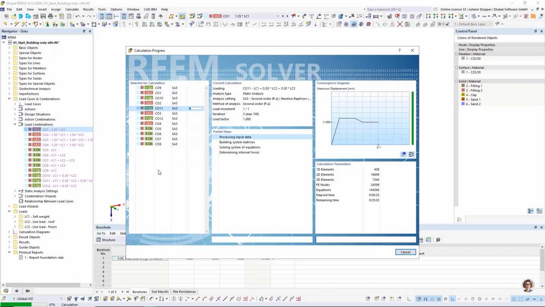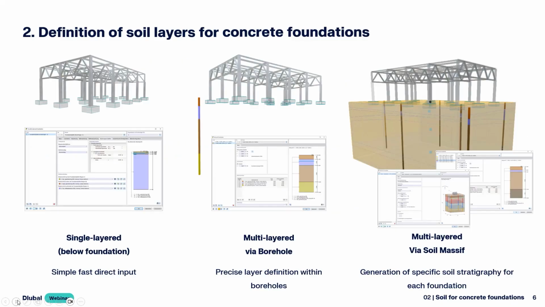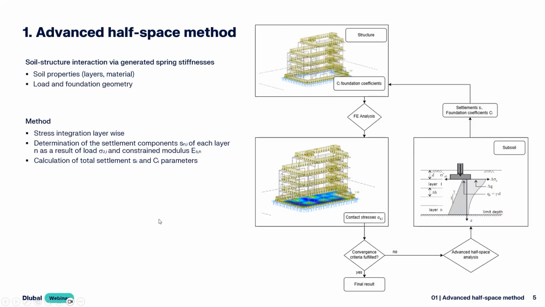Okay, in the time where the calculation is done, I would like to show one more slide. So we go back here and click here, and oops, this was too far. I just prepared the slide to summarize a bit the procedure that is done now. The advanced half-space method is able to consider the soil structure interaction via these generated spring stiffnesses.